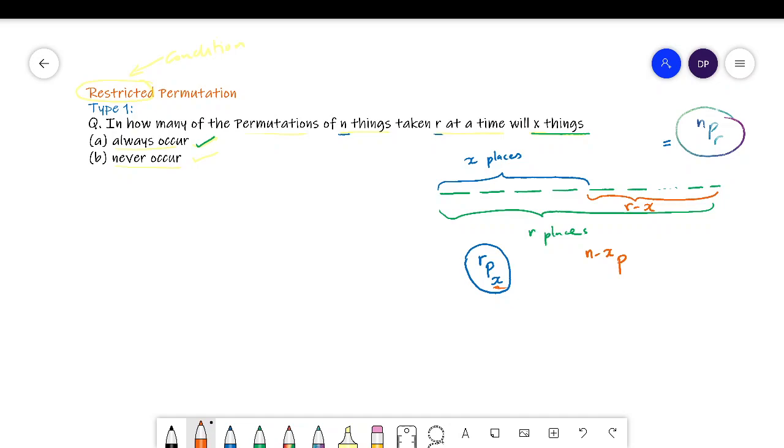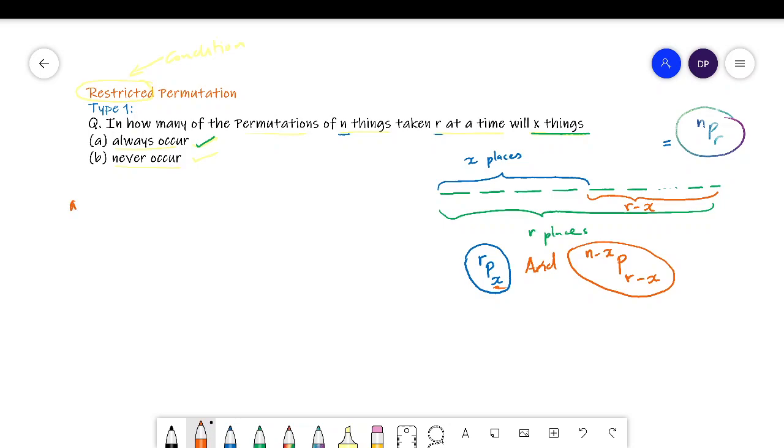Now, combining these two, we can make the permutations with x things always occur.